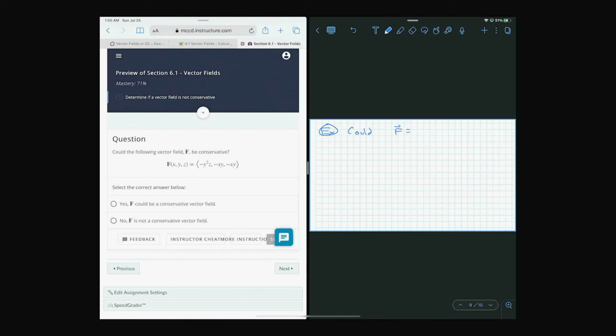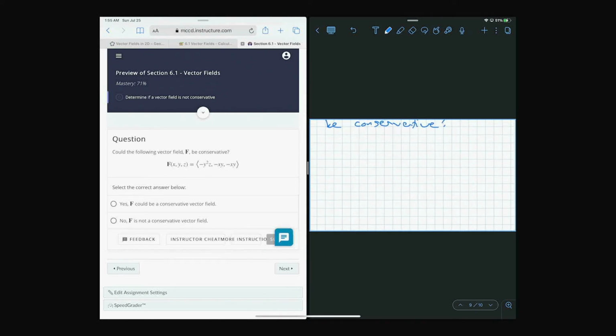Could f equal negative y squared z, negative xy, negative xy be conservative? We would just look at the partials.